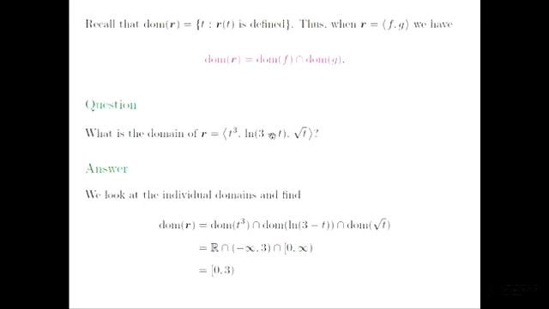I can't put t equals 3 in here. And the square root of t has the domain 0 inclusive to infinity. If we take the intersection of these intervals, the reals intersect anything is just going to be whatever is left over. So can we see that the intersection between minus infinity to 3 and 0 to infinity is 0 to 3, inclusive of 0?